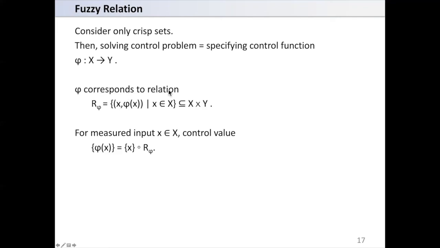Phi corresponds to a relation on x and y. For x, the value of the relation is y, such that x is an element of the reference set, and this relation is a subset of the Cartesian product x times y. For a measured input x, the control value is phi of x, which is x composed with the relation.